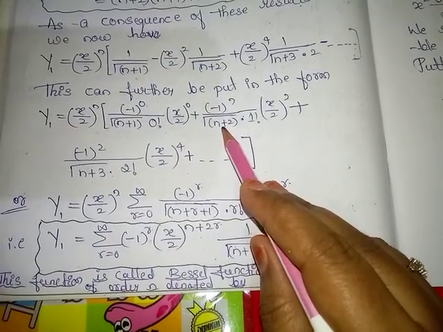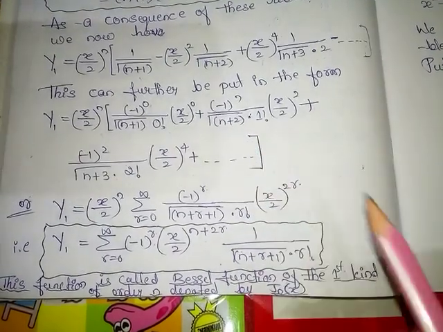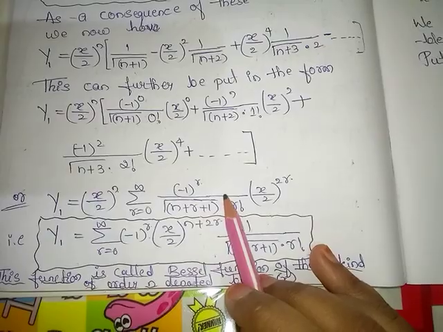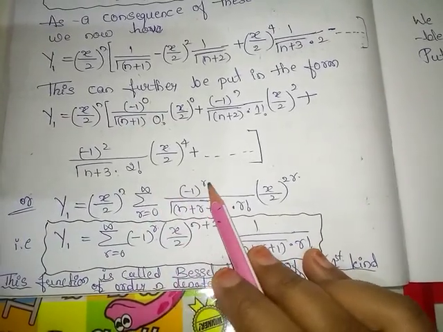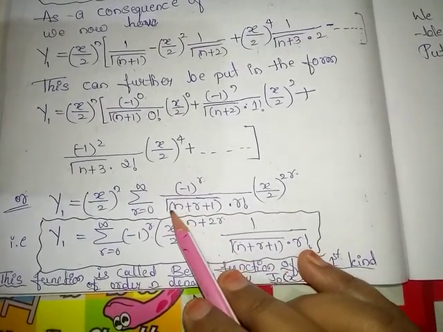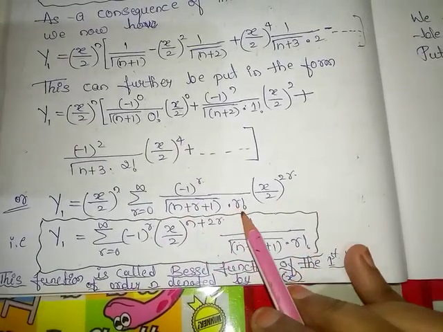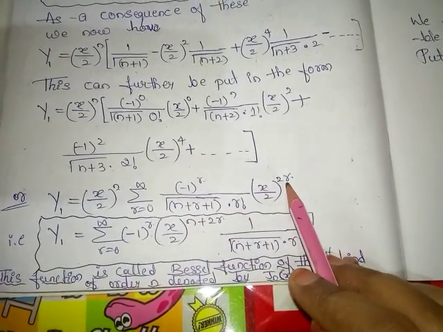We get the same term in the second term, so we will consider summation r running from 0 to infinity, minus 1 raised to r, gamma of n plus r plus 1 into r factorial, x by 2 whole raised to 2r.